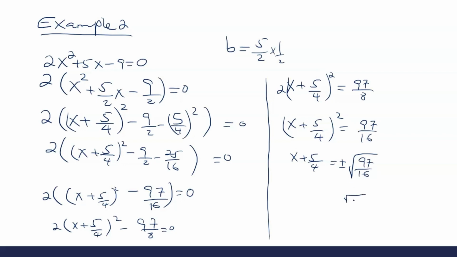So the square root of 97 over 4, plus or minus. So we take 5 over 4 out. So therefore my x value is minus 5 plus or minus the square root of 97, over 4. So that's how we do it if we have a coefficient.